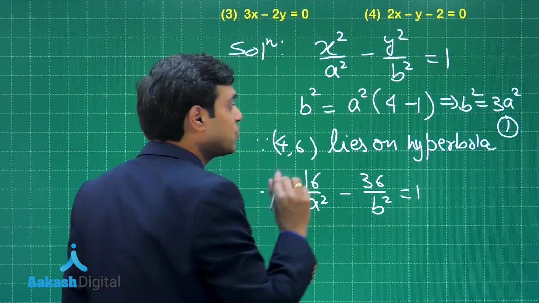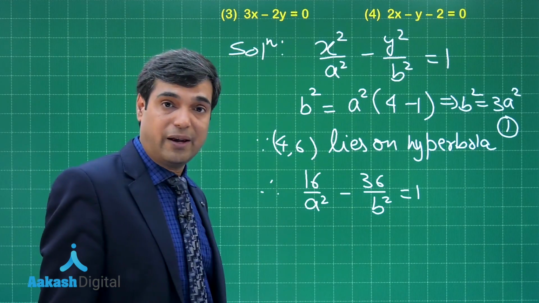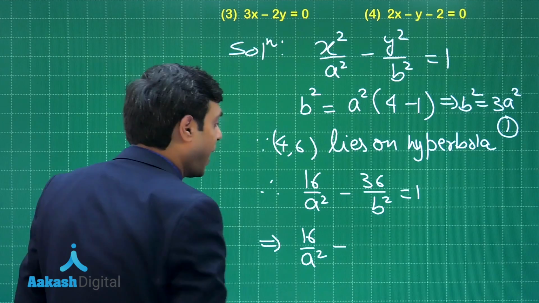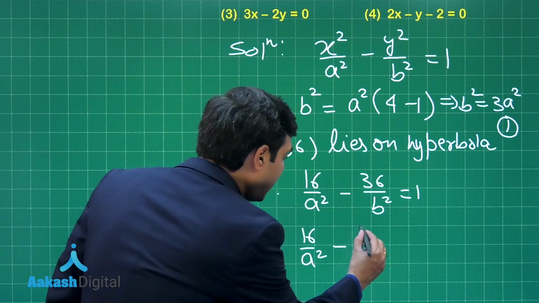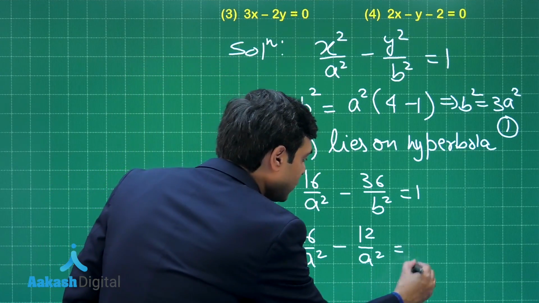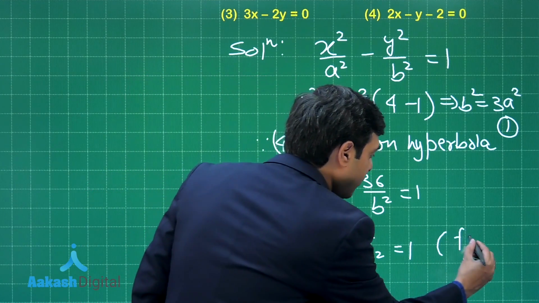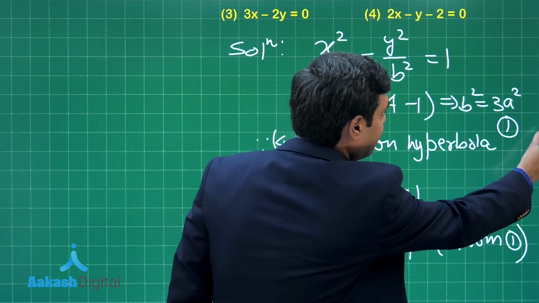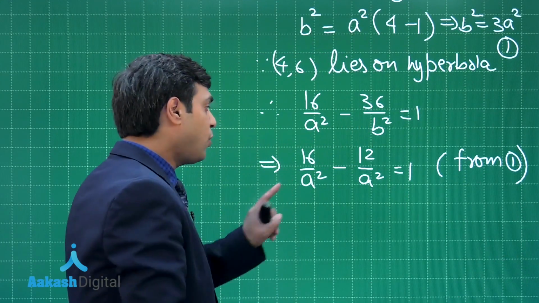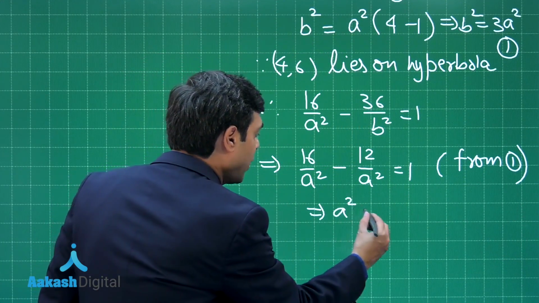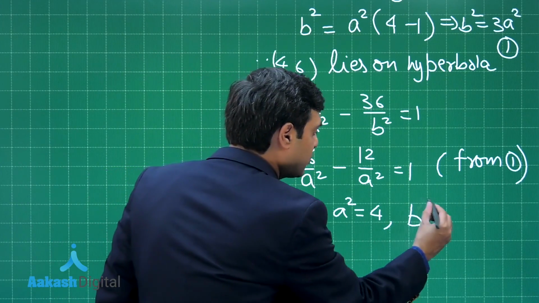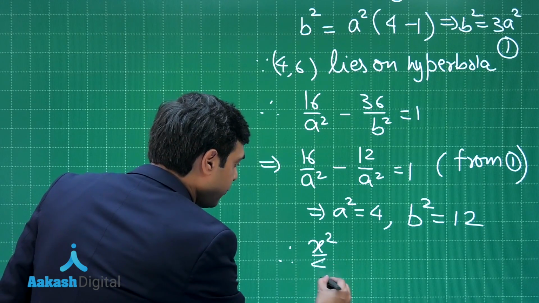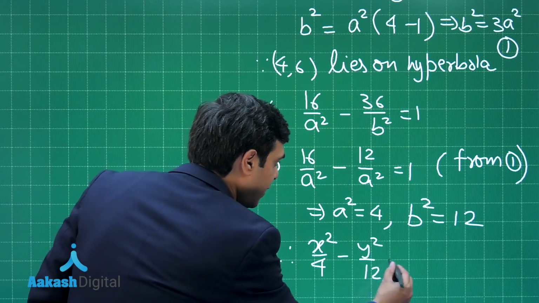Now if I put b square as 3a square, what am I getting? 16 by a square minus, substituting 3a square, it becomes 12 by a square is equal to 1. This is from 1. Correct? So we simply get the result changing to 4 by a square is 1, or a square is equal to 4, b square is equal to 12, hyperbola is x square by 4 minus y square by 12 is equal to 1.